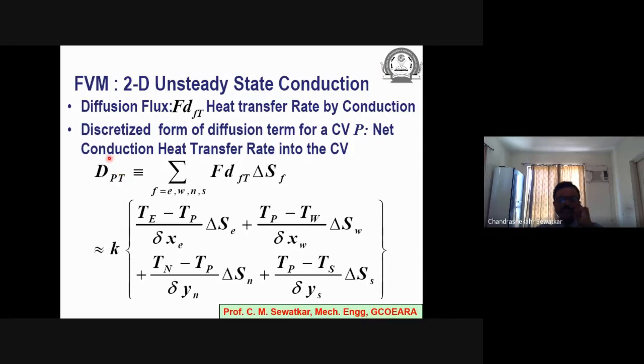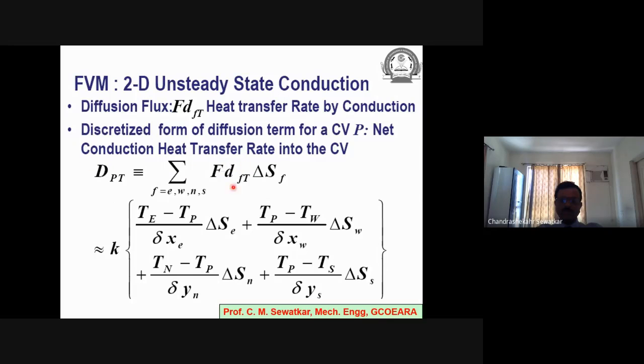DPT, that is the total diffusion occurring across all the faces of a control volume, is summation over the faces east, north, west, and south, FDFT delta SF. So this is my DPT.